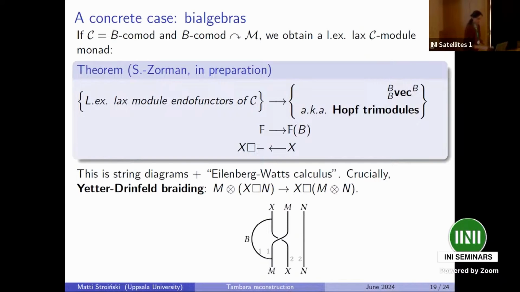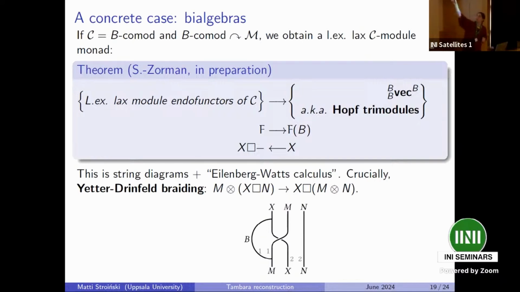And then we show, together with Tony Zorman, this is a work in progress, so essentially this last four minutes of this talk is joint with Tony Zorman, and in preparation. What we show is that lax module monads correspond to Hopf trimodules, like something that has a bimodule structure and a module structure in a compatible way. And the correspondence is quite natural.